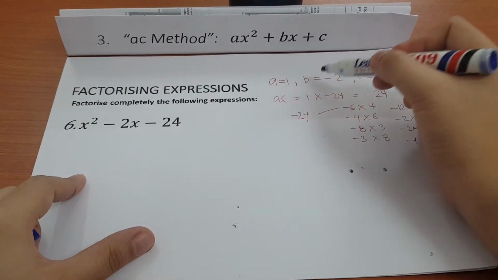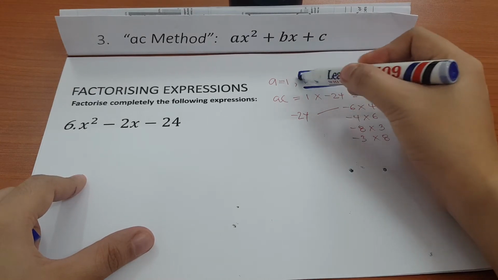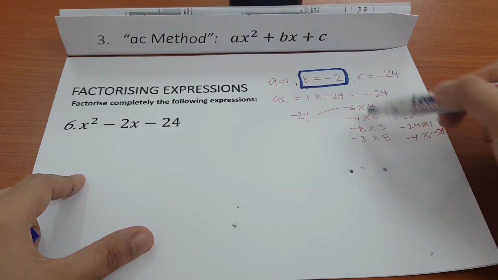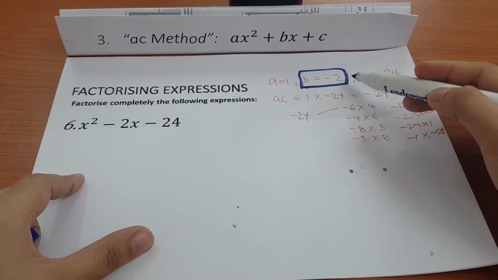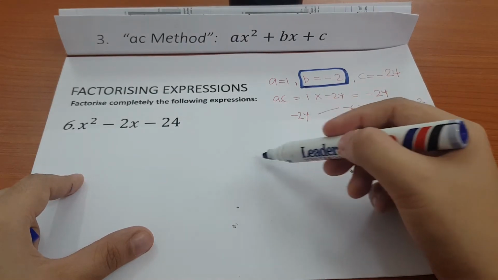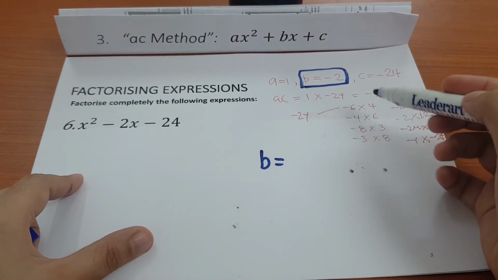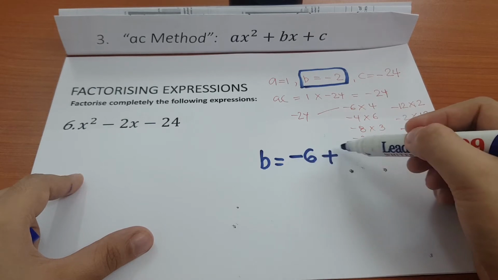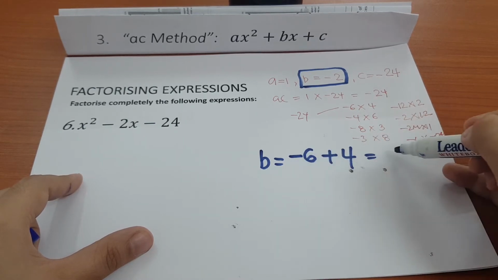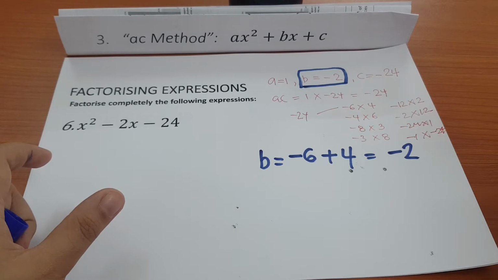So you have to look at your B. Your B is minus 2. So which one here will give you a minus 2 when you add them? Your pair will be this one, minus 6 plus 4, because when you add these two, it will give you minus 2.